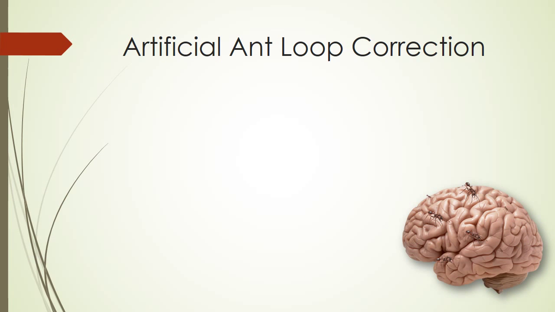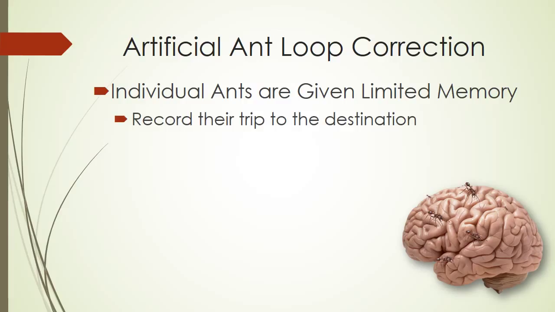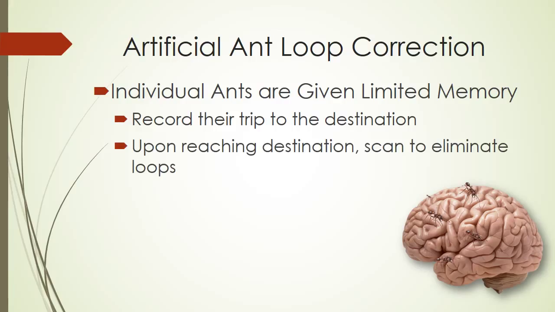So how are we going to tackle those loops that our artificial ants are capable of making? Well, the way that's employed is to give the individual ants a limited memory. This allows them to record their trip to their destination. And once they reach their destination, they can scan back over their trip and eliminate loops that were created. And they do this by scanning over the nodes that they've passed over.